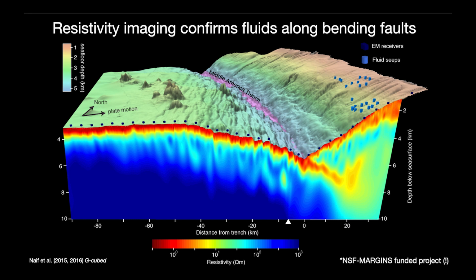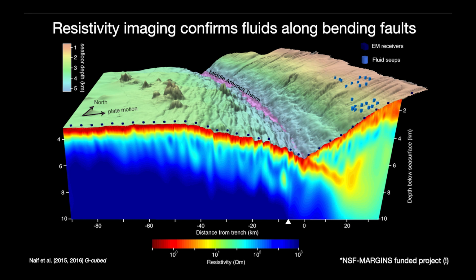We used a relatively new technology that was developed for oil and gas at Scripps, basically to use controlled source EM methods. I won't get into how it works, but I'm happy to talk to you about it after. But we can make a high resolution image of, let's say, the top 5 to 10 kilometers below the seafloor. Remember, the colors are similar to what I showed you before. Reds are conductive, it means they have fluids in it. You get into the blues, it's resistive, there's no fluids around.